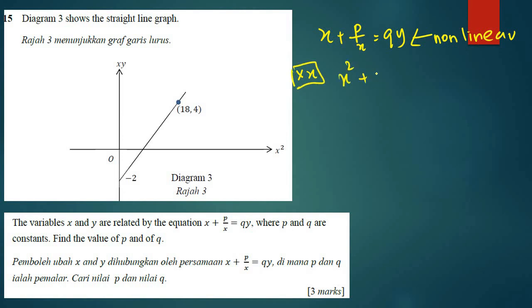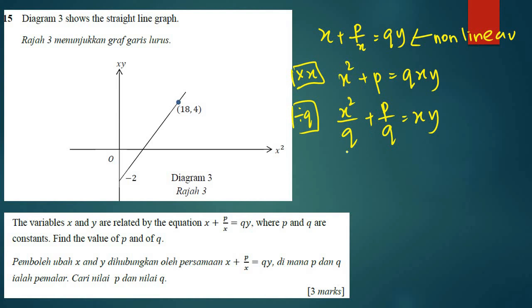So x squared plus p equals qxy. Now how to make it only xy here? You need to divide by q. X squared over q plus p over q equals xy. So we write it back: xy equals 1 over q times x squared plus p over q. So this is already in the y equals mx plus c form.